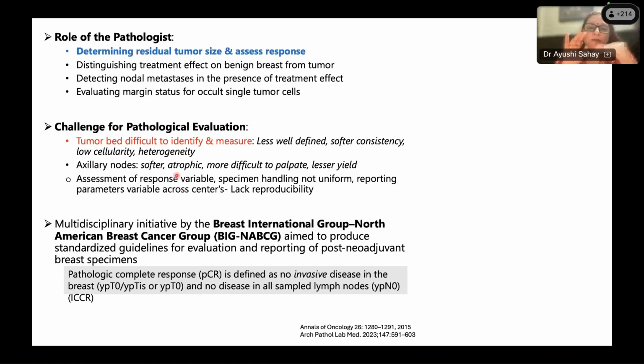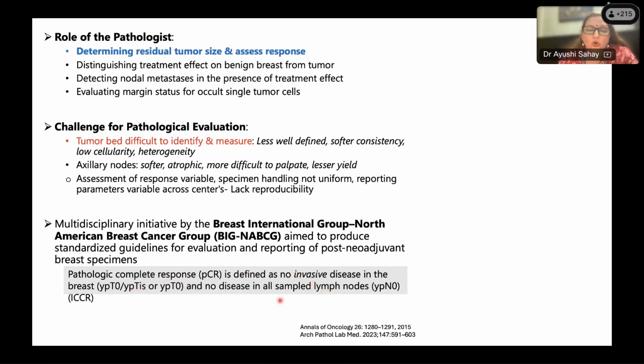So to make a standardized uniform format, the Breast International Group, North American Breast Cancer Group, BIG-NABCG, is a group that aims to produce standardized guidelines for evaluation and reporting of the post NACT specimen. They defined pathological complete response as no invasive disease in the breast, which is considered as ypT0 or ypTis, T in situ.